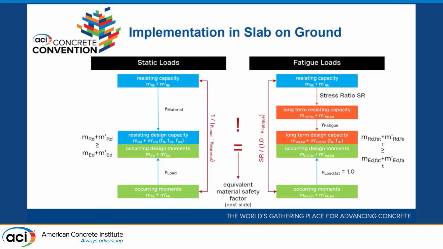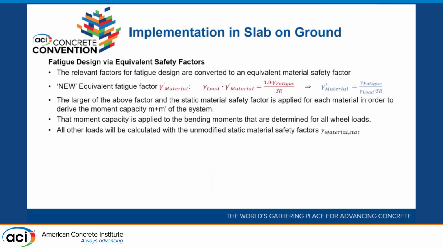Using this methodology, we said, well, can we simply equate this to that and come up with a new material factor that we can incorporate into our model, a new factor for fatigue? This is what we came up with. We take the design factors for fatigue and convert them to an equivalent material safety factor.